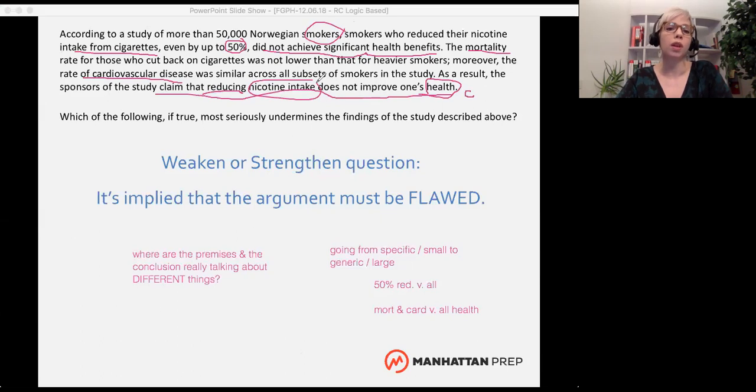So when we're thinking about the answer choices, to weaken, we don't really want to attack the conclusion itself. We want to attack the missing pieces. We want to say, oh, that thing that you didn't specify actually was relevant, and there's something we were assuming was true that may not be true.